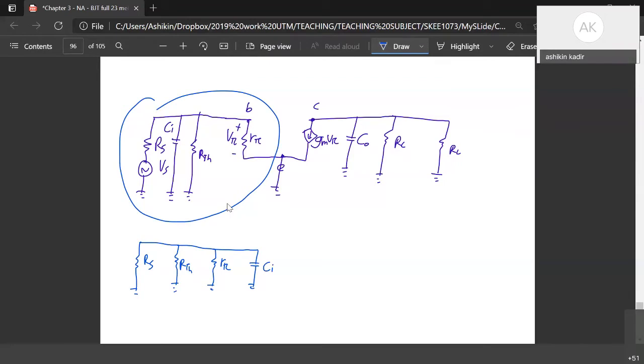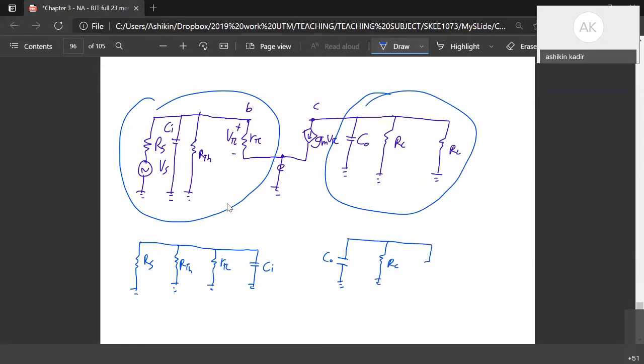And then at the output here, we have C out, RC, and also RL. So here at the input part, gm v pi we can replace with an open circuit, and VS we can represent with a short.